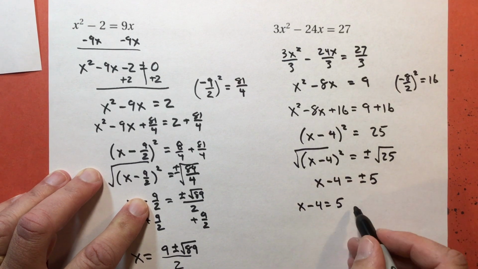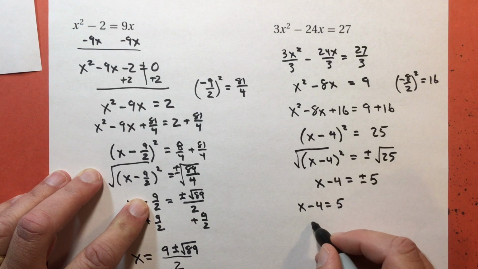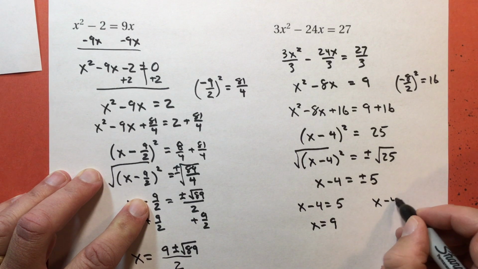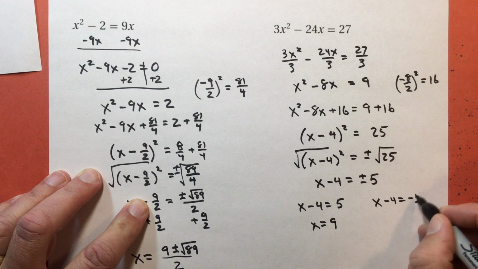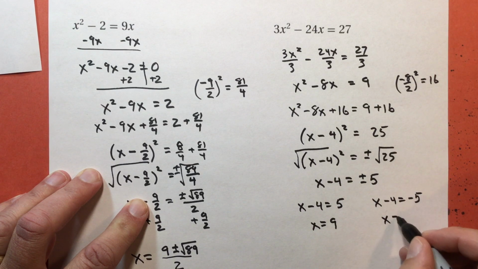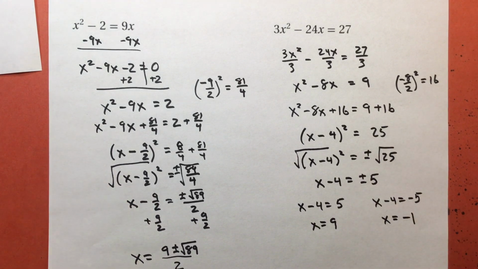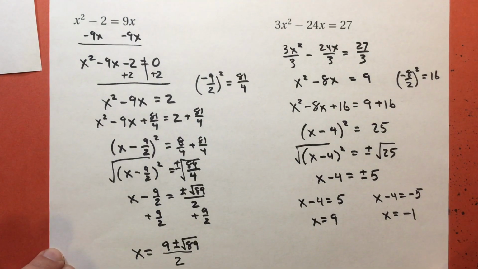If x subtract 4 equals positive 5, I'm going to add 4 to both sides and get x equals 9. If x subtract 4 equals negative 5, I'm going to add 4 again to both sides, but this time I get negative 1. And my two roots to this equation are 9 and negative 1.